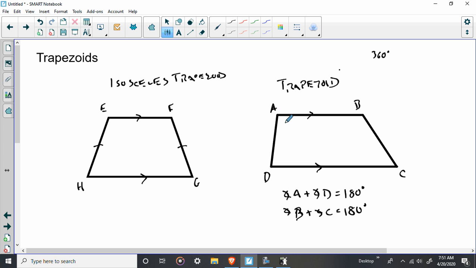So, in other words, if I take any pair from the same side, they will have to be supplementary. So A and D are supplementary, B and C are supplementary.